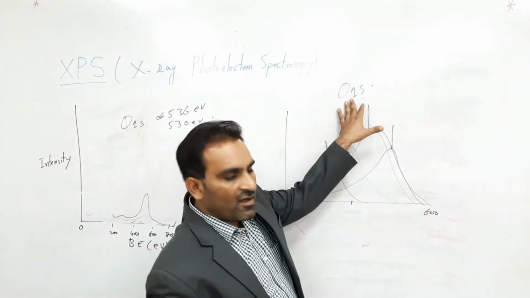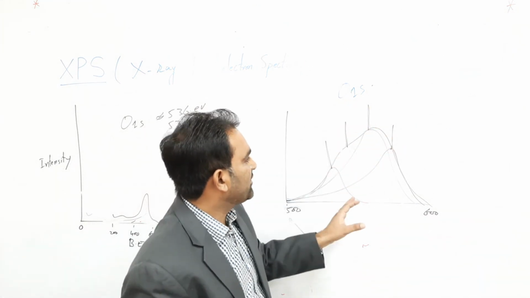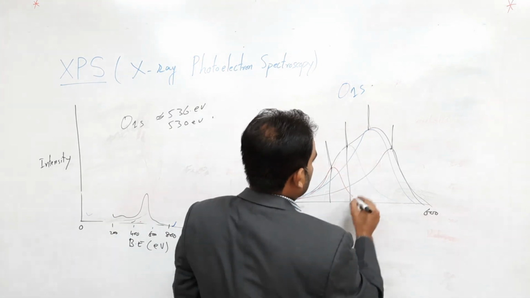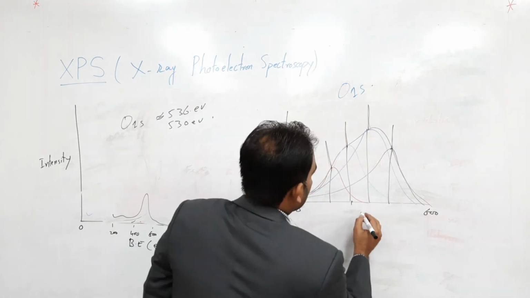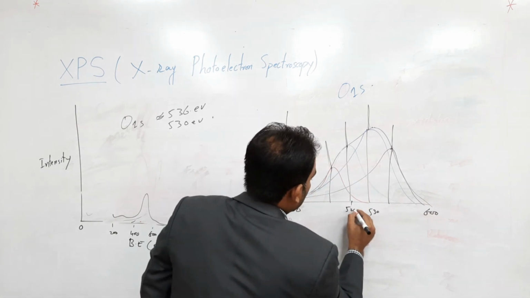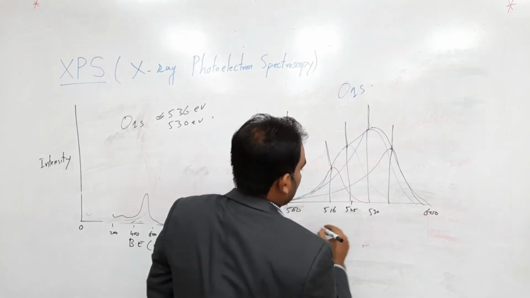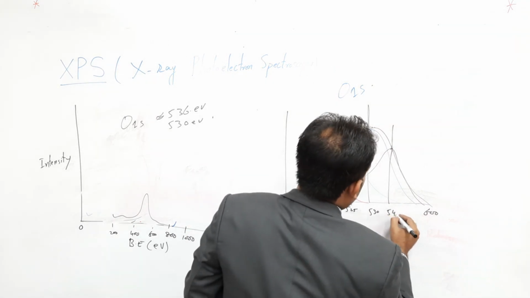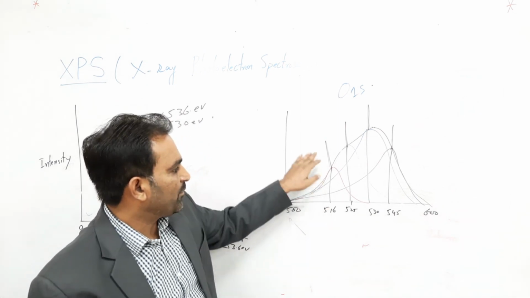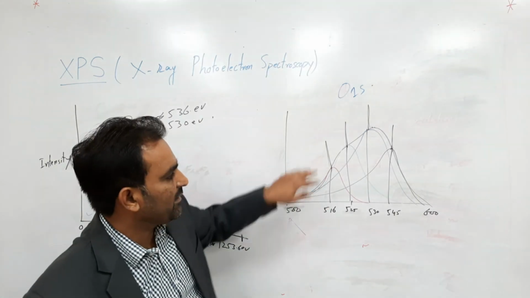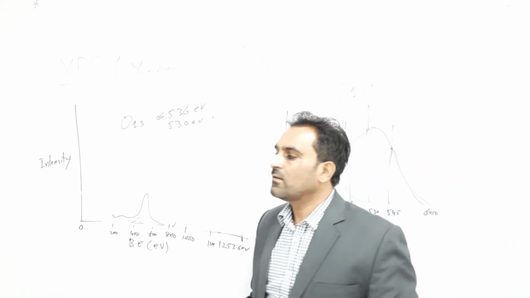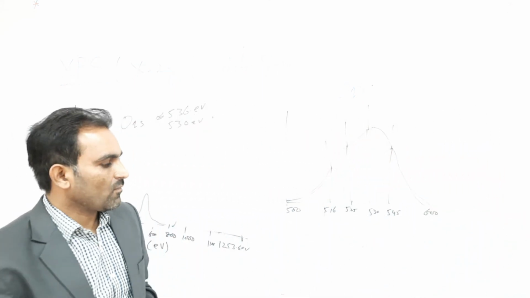Because of the environment around the oxygen, you will get some variation. Suppose if this part is 530, this may be 525, this may be 516, this may be 545. So these changes in position, or the presence of different peaks, explain the environment around the oxygen.